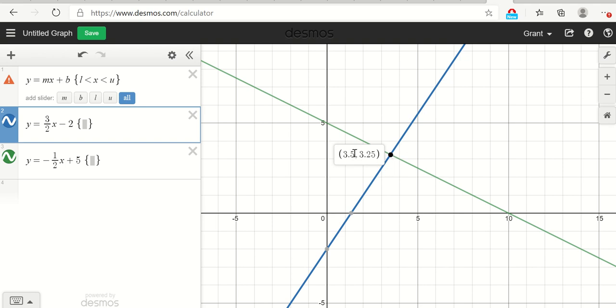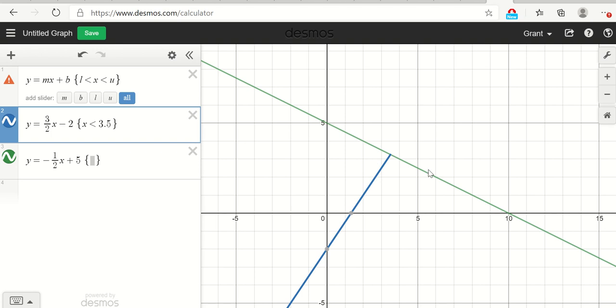All I have to do is say that I only want to allow x values for my blue line that are less than 3.5, which is the x value where they cross. So there you go. Now my blue line stops when it hits this green line.